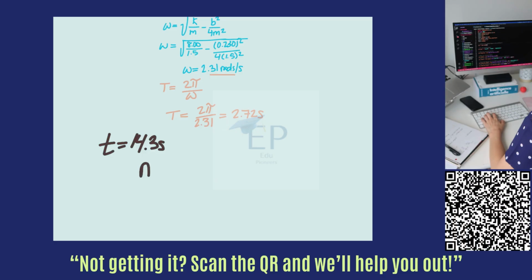So the number of oscillations will equal 14.3 divided by 2.72, giving us a total number of oscillations of 5.27.